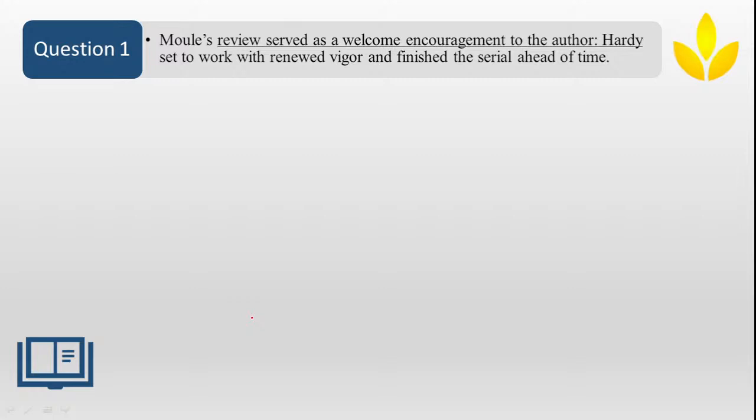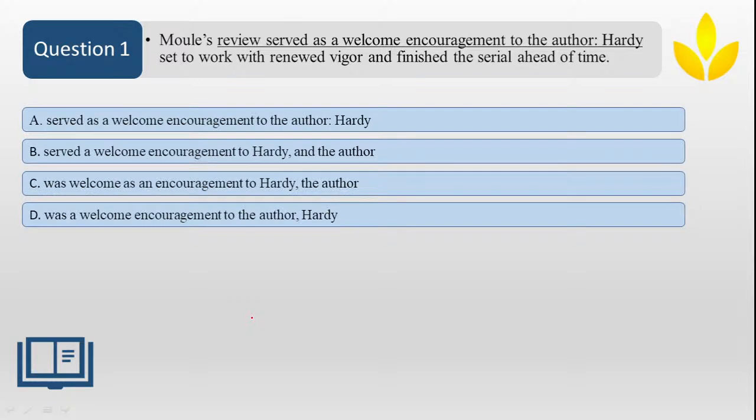It is underlined. So your options are A, B, C, D. It is given. How can we replace option A or B or C or D for the underlined part in the sentence? If you know how to select, we can always go for the simplest option, process of elimination.